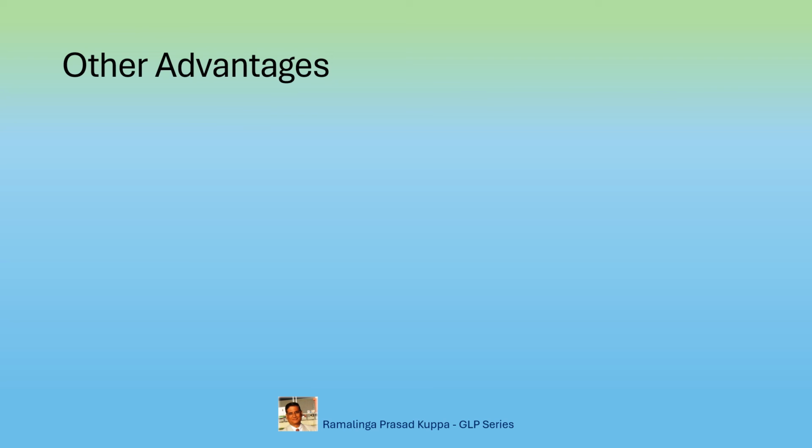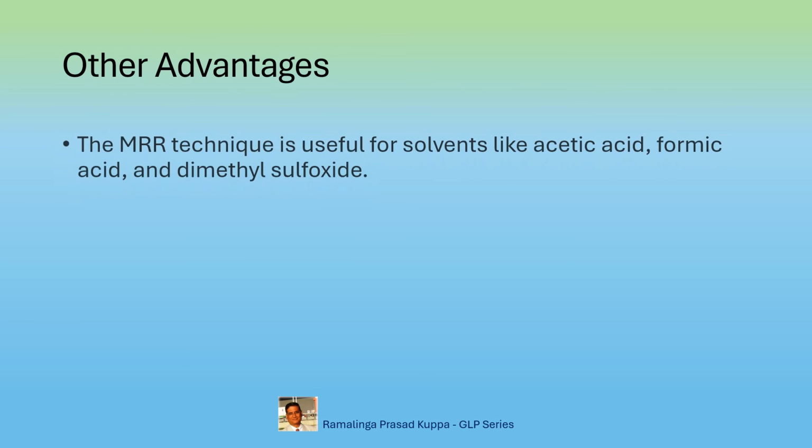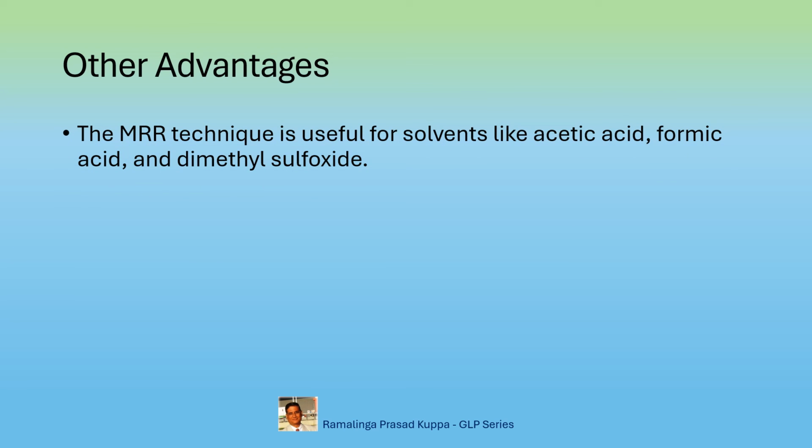Let us look into the other advantages. The MRR technique is useful for solvents like acetic acid, formic acid and dimethyl sulfoxide. These solvents cannot be estimated accurately by the existing headspace GC test methods.